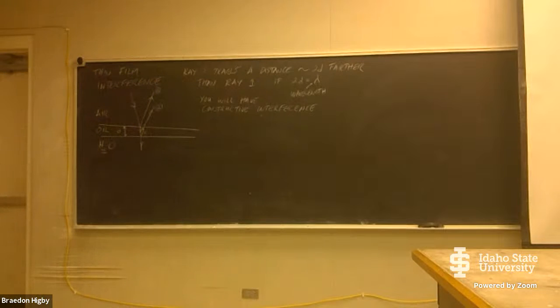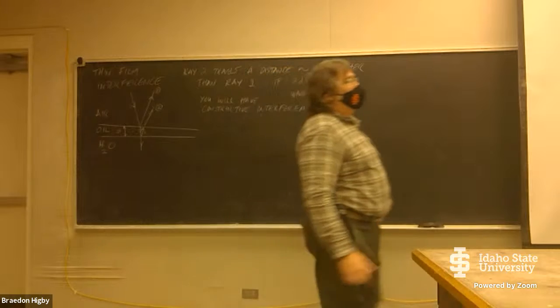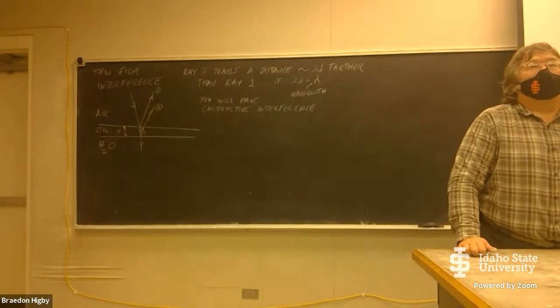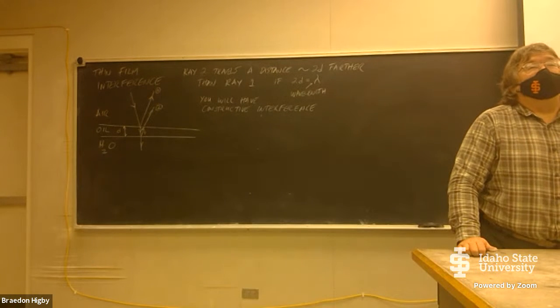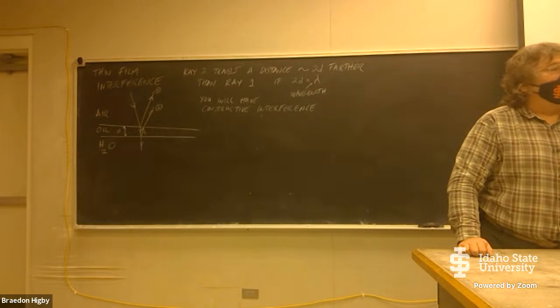And say you have white light, well, that means there'll be spots on that oil film, say if it varies in thickness. If that 2D is equal to the wavelength of green light at that spot, you'll get a bright green reflection. If that 2D is equal to the wavelength of blue light, you'll get a bright blue reflection off of that point.